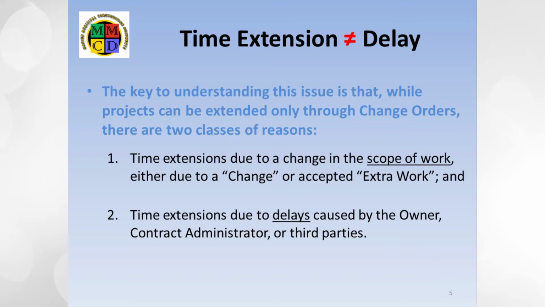It's simply a recognition that the work, as it is now defined, will take longer than anticipated at the time of tendering. This is the more common reason change orders are issued. On the other hand, change orders for time extensions which were generated purely to acknowledge owner-caused delays, weather delays, or delays due to third parties, the last two being classed as unavoidable delays, are a different type of situation.